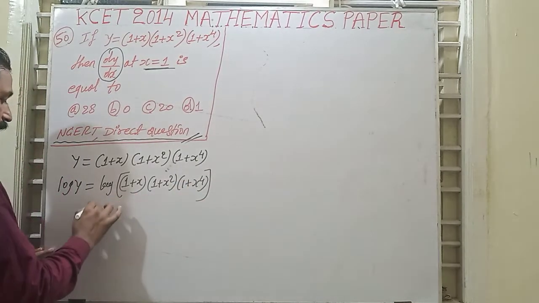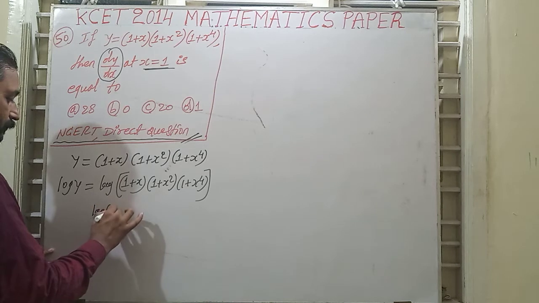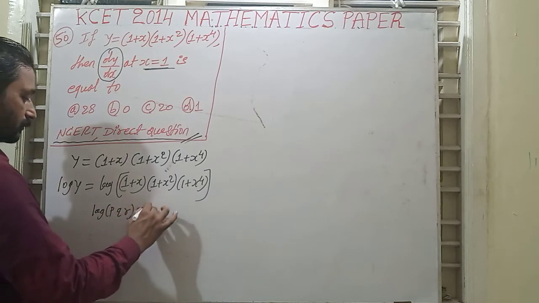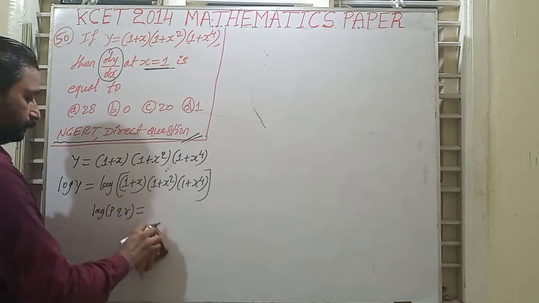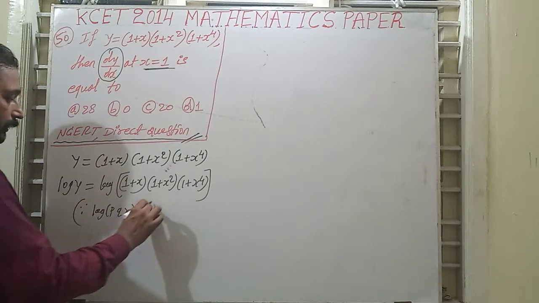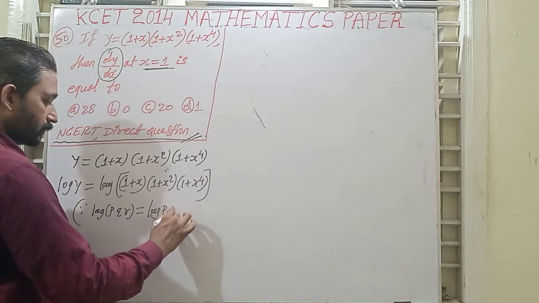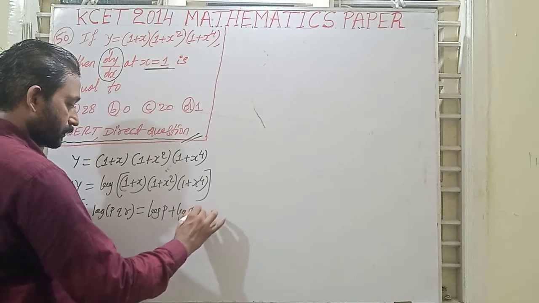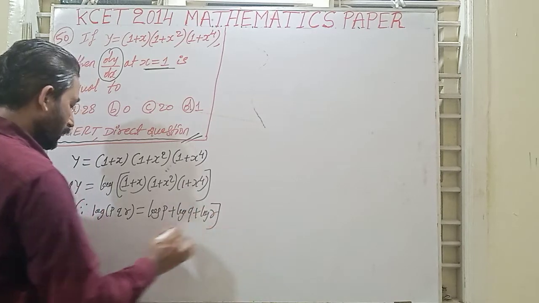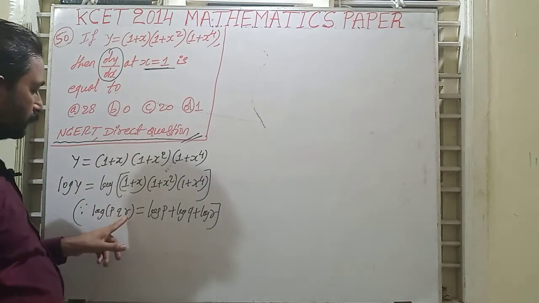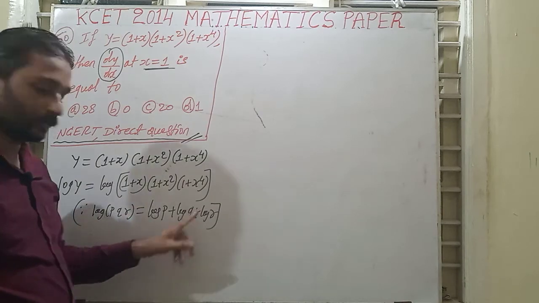So this is in the form of log of PQR is equal to what? Log P plus log Q plus log R.